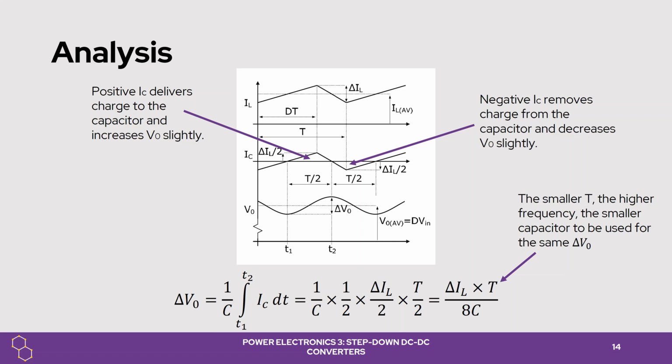As we can see here, when the capacitor current is positive, the capacitor is charging, and the voltage output increases slightly. And when the inductor current and the capacitor current is negative, the capacitor is discharging, so the voltage output is decreasing slightly.